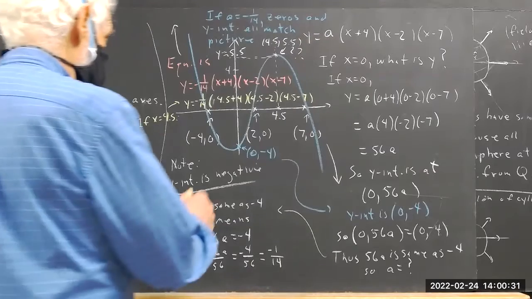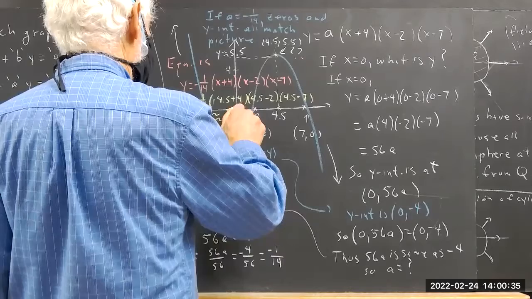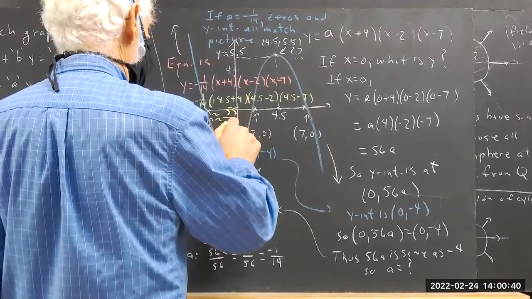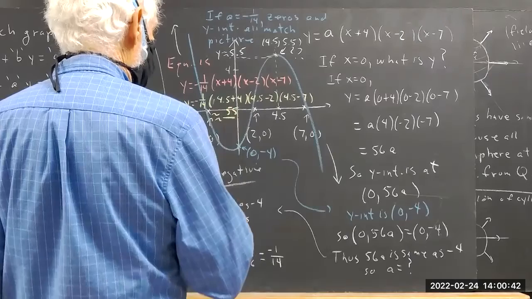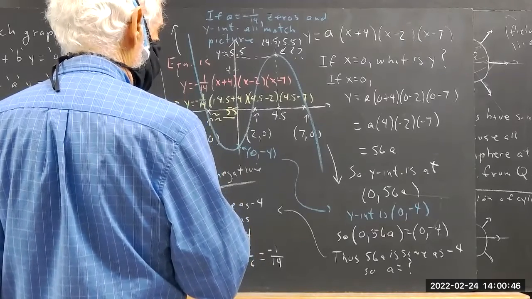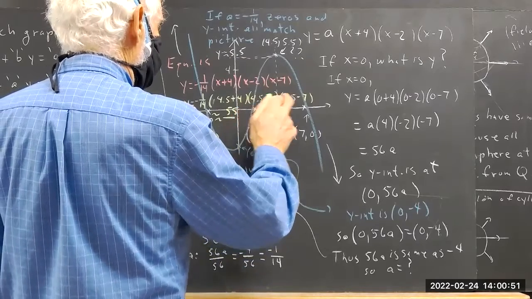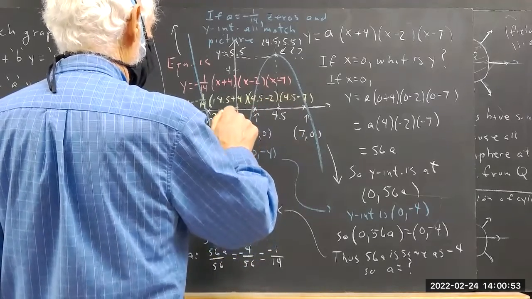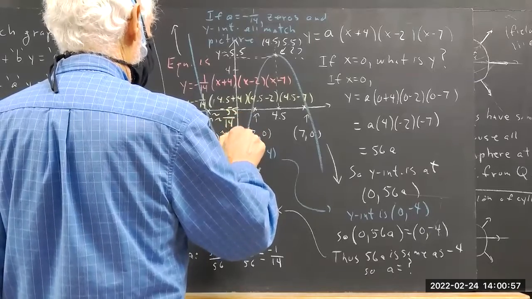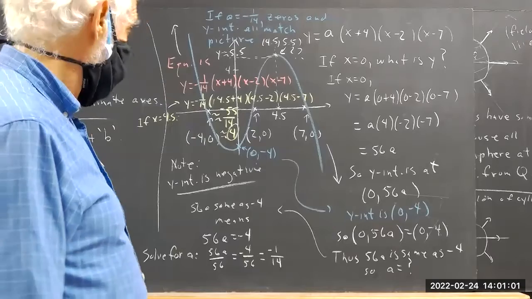Now, I don't have that done accurately, but I'm going to say this is about 55 over 14, this is positive and this is negative. Okay, it's -55 over 14. That's pretty close to -4, because -56 over 14 would be -4.